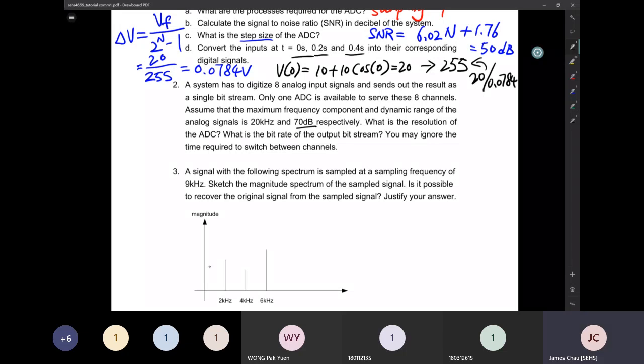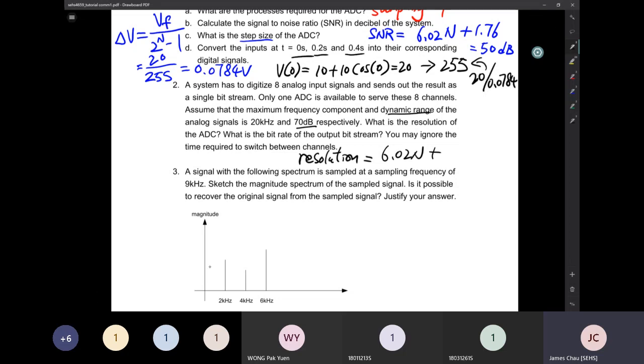Now using the resolution equal to... again you're using this formula because it tells you the dynamic range.